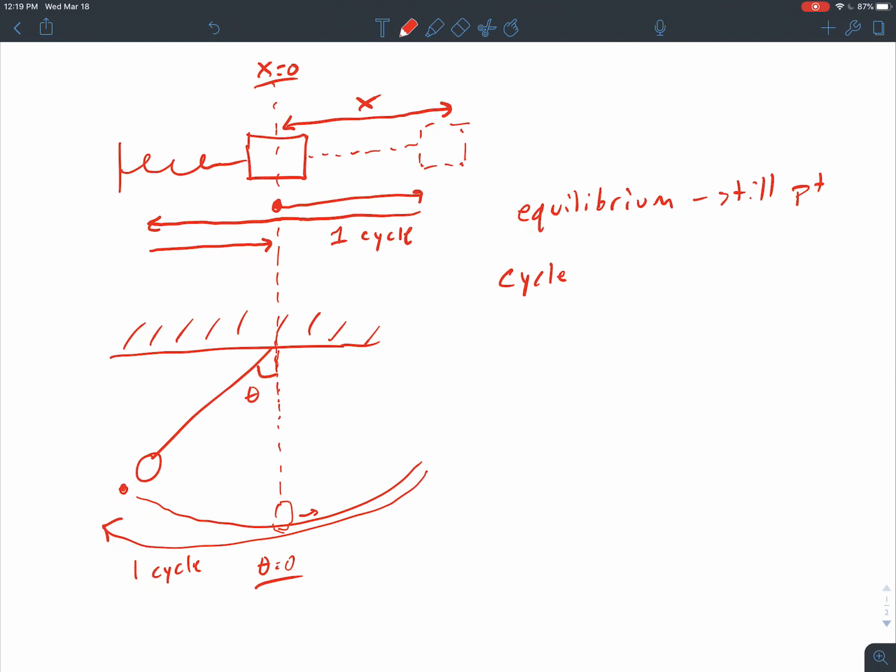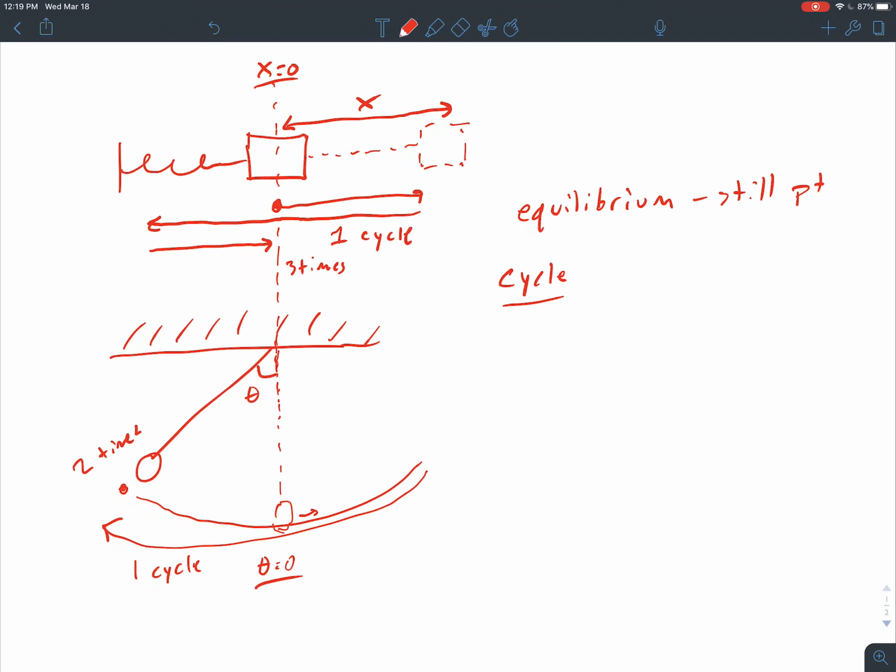Notice that in the pendulum it touches its original point twice, and here it's three times. That's just because it started in the center. Basically, it has to touch every point that it's going to touch. So that's a cycle.